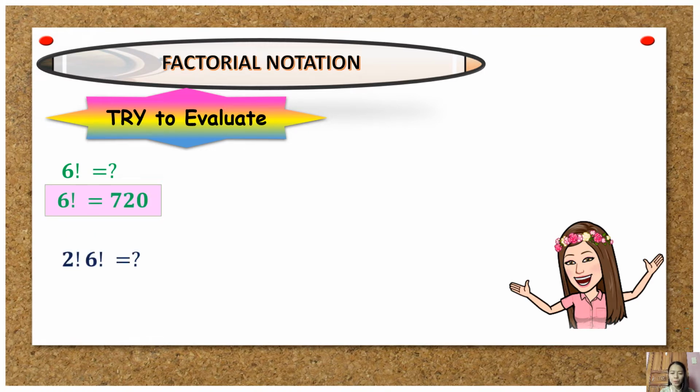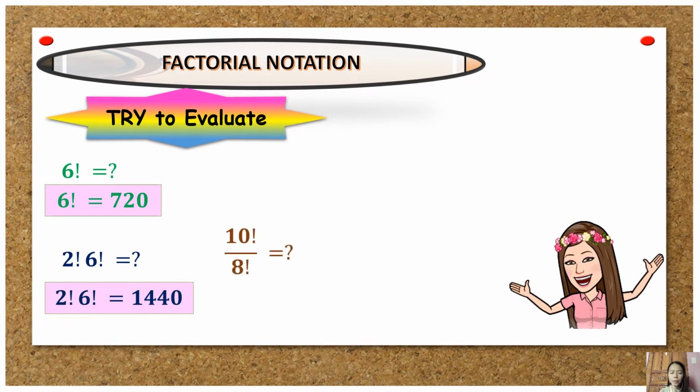Next, how about 2 factorial times 6 factorial? Since we know the value of 6 factorial is 720, what is the result when we multiply it by 2 factorial? And 2 factorial is equal to 2 times 1. What's the answer? Okay, the answer is 1440.